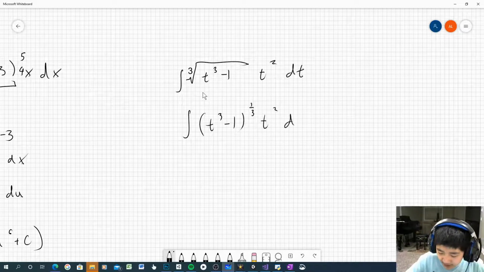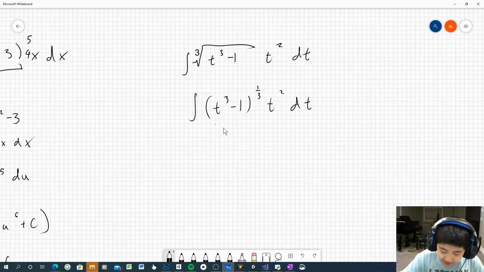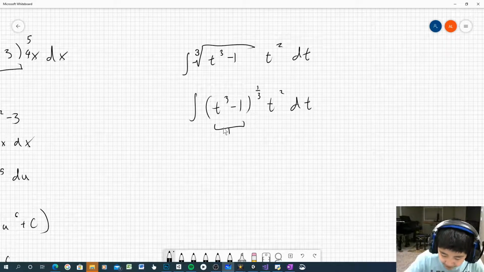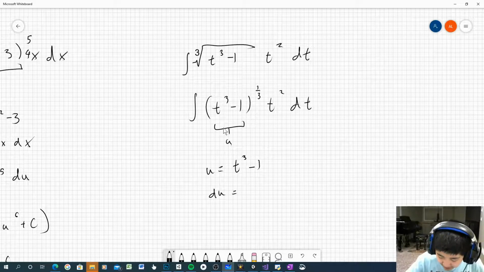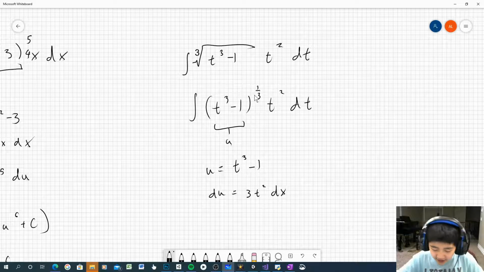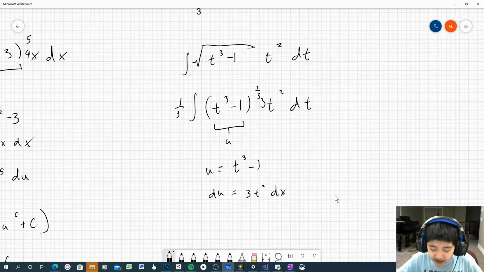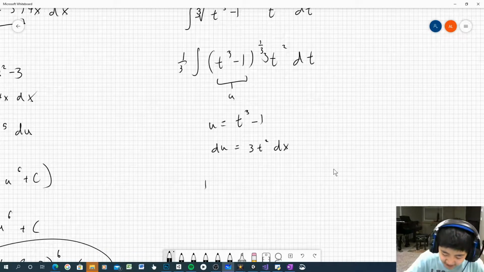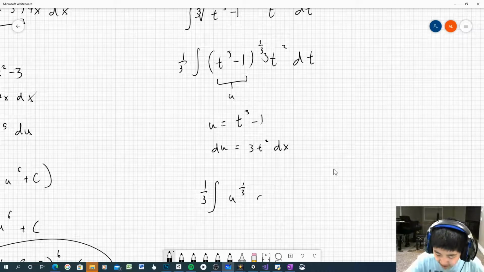Then we can see that our u is this: u equals t to the power of 3 minus 1. du equals 3t squared dt. Here we can add our 3 and compensate outside. We transform everything into their u counterparts: u to the power of 1 over 3 times du.